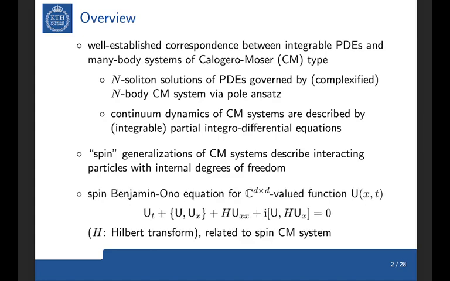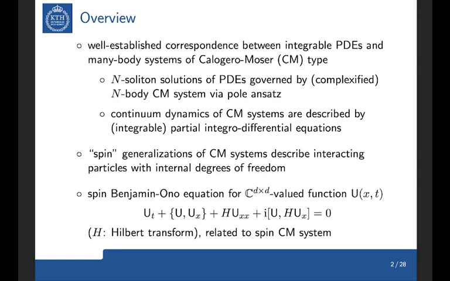And the main result of this talk, which is also a springboard for some generalizations I will also describe, is a new equation, the spin-Benjamin-Ono equation, together with precise relations of this equation to the rational and trigonometric spin CM systems.